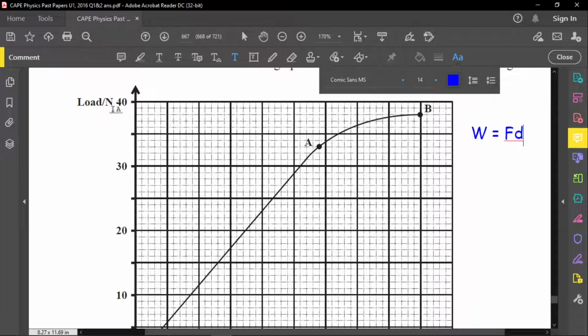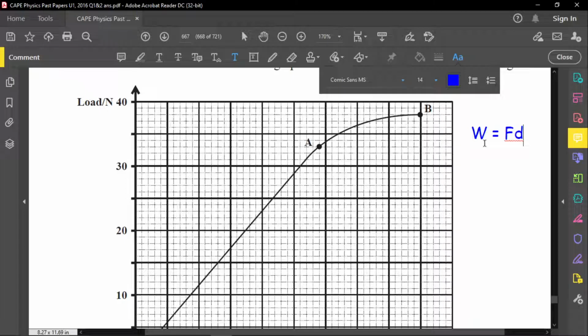Yes, which is the load. Do we have a distance? Yes, the extension. So the distance is the extension. The force is the load or the weight, okay? So we definitely could find work. And work is measured in joules, or Newton meters. Now, to find work here, based on the graph, what can we do?